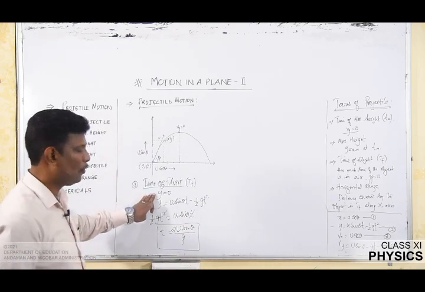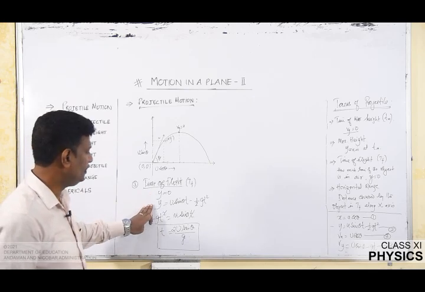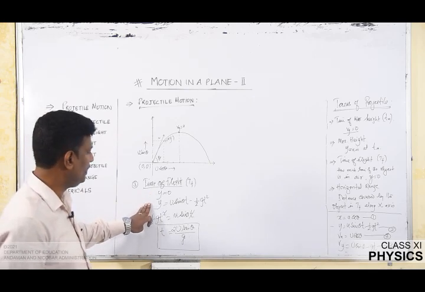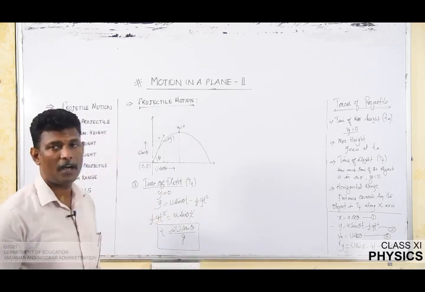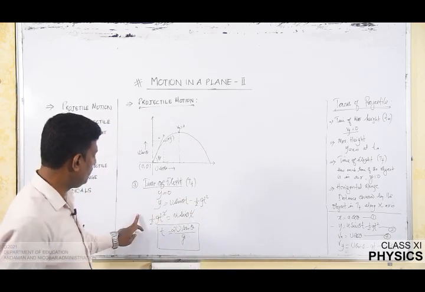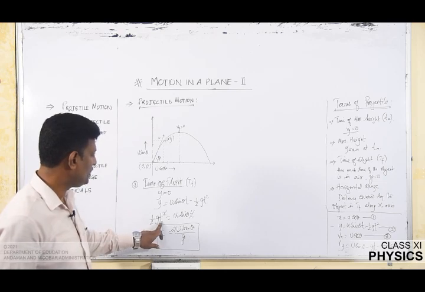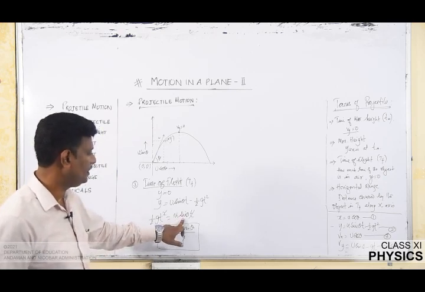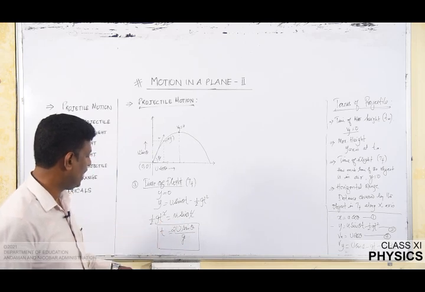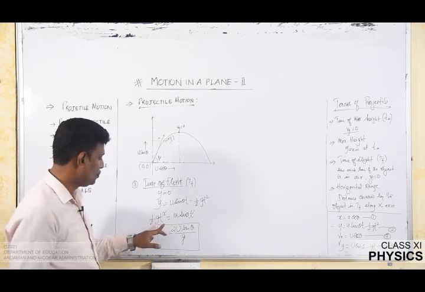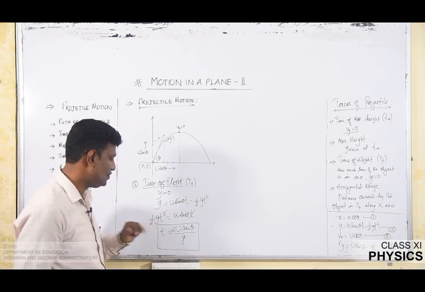In this case y is equal to 0, putting the value y is equal to 0 in the equation we got earlier, y is equal to u sin theta t minus half g t square, we will find that half g t square is equal to u sin theta t. This t and t will get cancelled. We will be having t is equal to 2u sin theta by g.